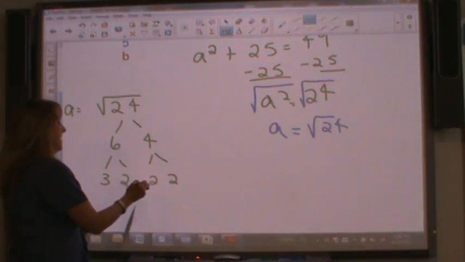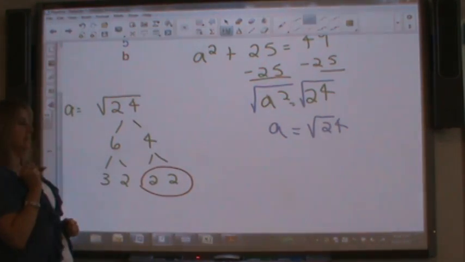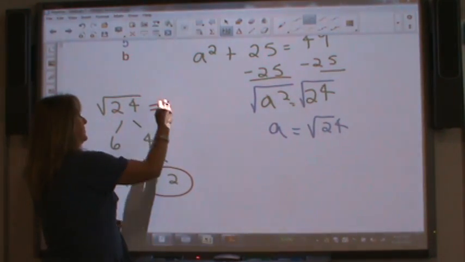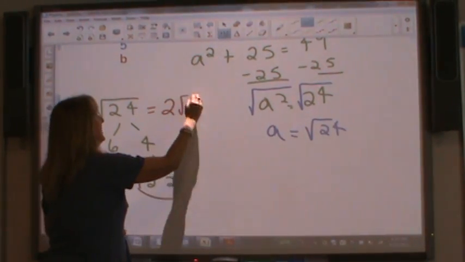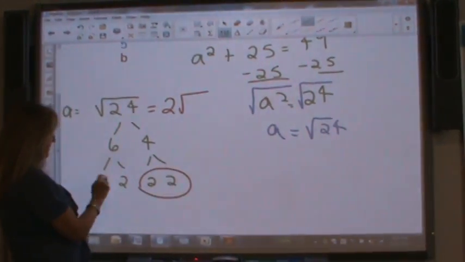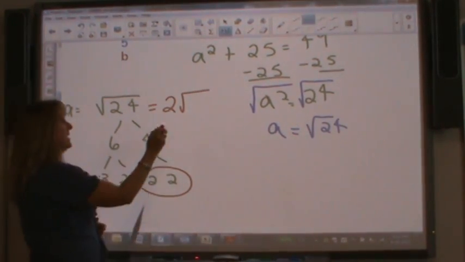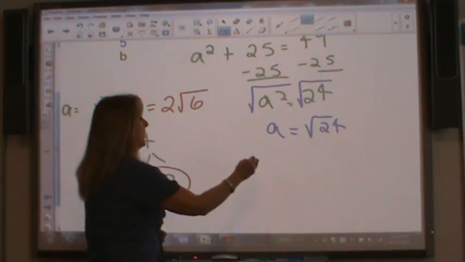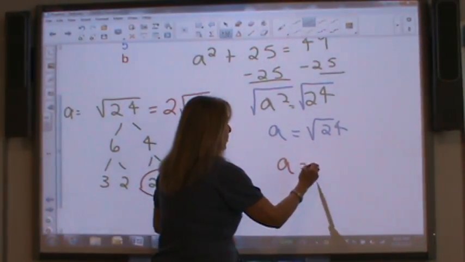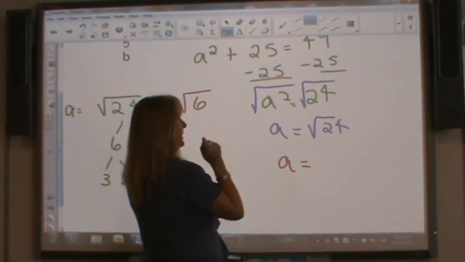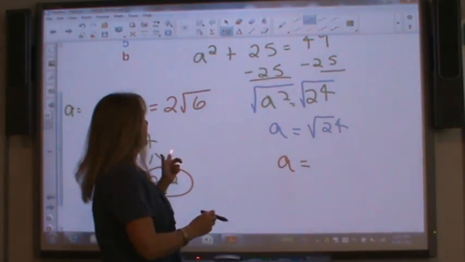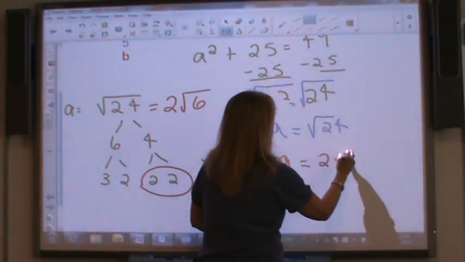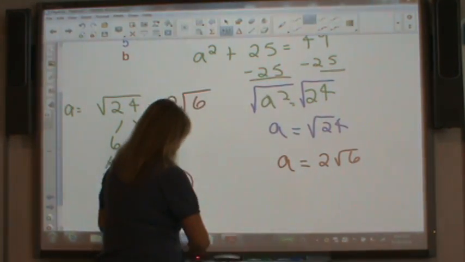So what we say is every pair that I see, I can bring one out on the outside of the radical. So I have two 2's, I bring 1 out, and what's left is the product of the 2 other factors that are left, which is 3 and 2. So it's 2 square roots of 6. So my simplified answer to what the missing leg in that triangle is, a equals 2 square roots of 6.